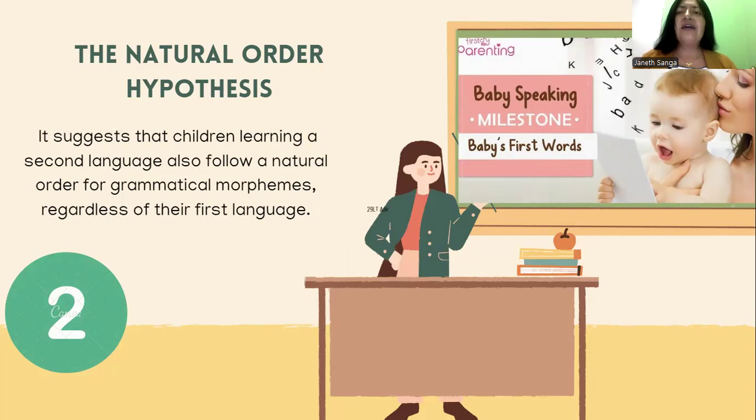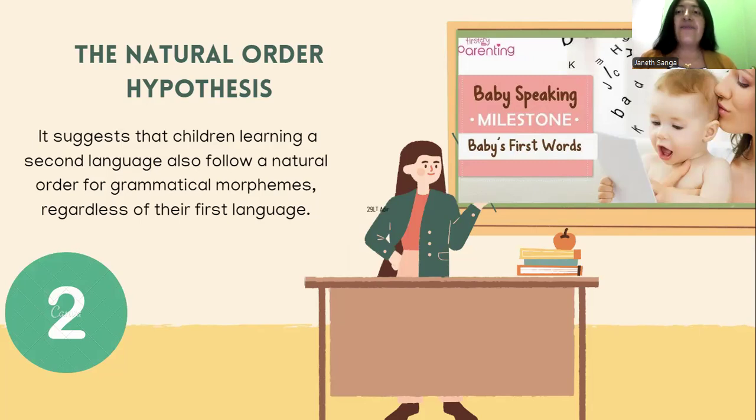The children learn English by listening. For example, imagine a mom saying, "Hello, baby, how are you? And I am your mom." So the baby listens to what his mother is saying.